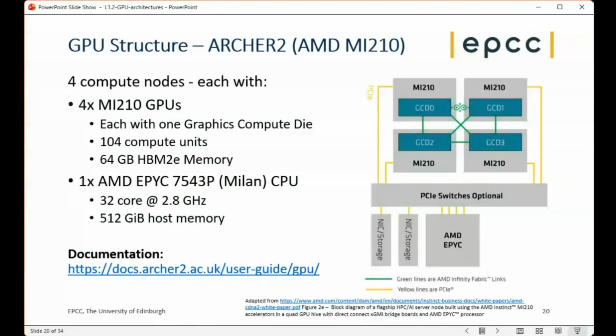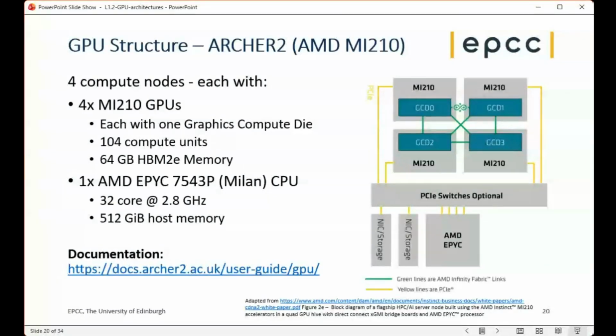Now, the reason why I've gone into a bit more detail about AMD is that the ARCHER2 GPUs that we'll be programming are actually AMD GPUs. On ARCHER2, the GPUs are an add-on for experimentation. We only have 4 GPU nodes, a very small number. They're there for development.